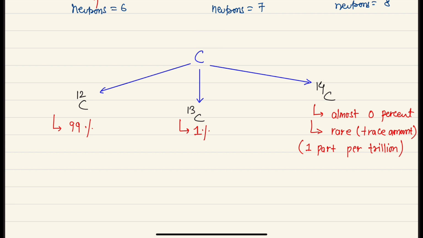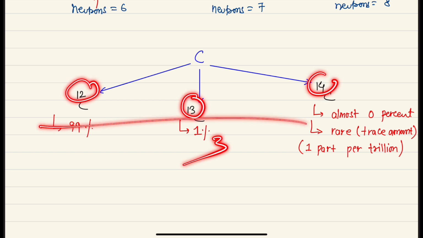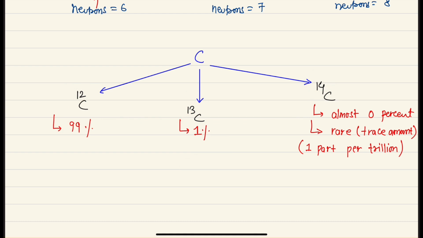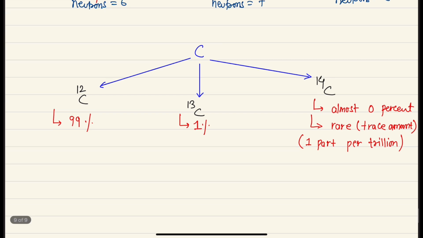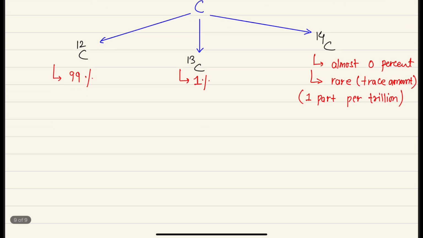You might think just taking the average of this 12 and 13 and 14 divided by 3, you will get the average atomic weight or average atomic mass. No, that is wrong. Here you are totally wrong.